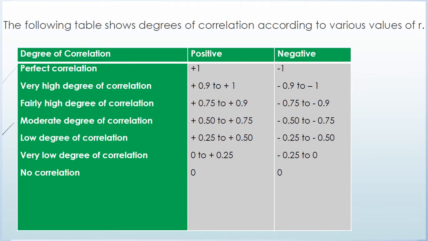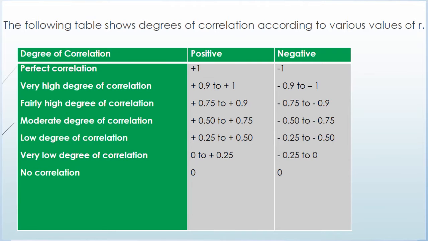We say moderate degree of correlation, positive or negative, when the value of r is 0.5 to 0.75. And minus 0.5 to minus 0.75, we say negative moderate degree of correlation.